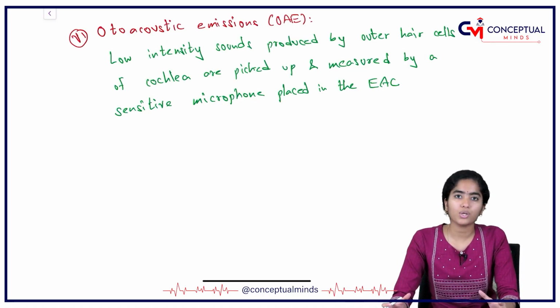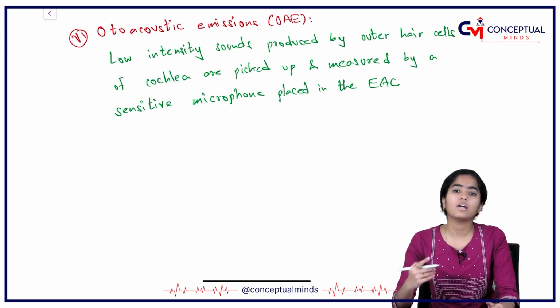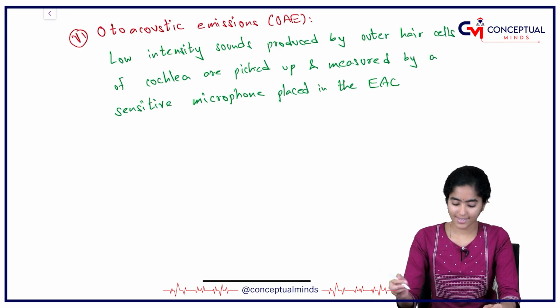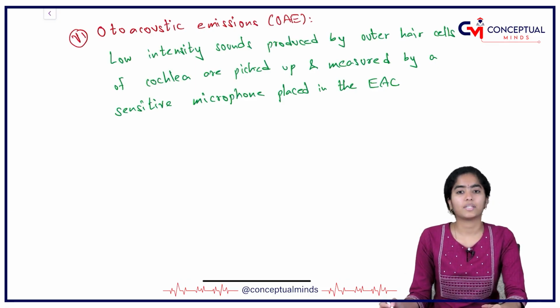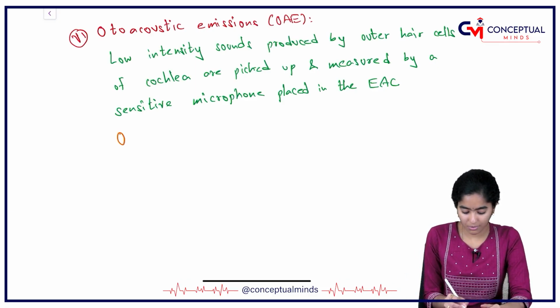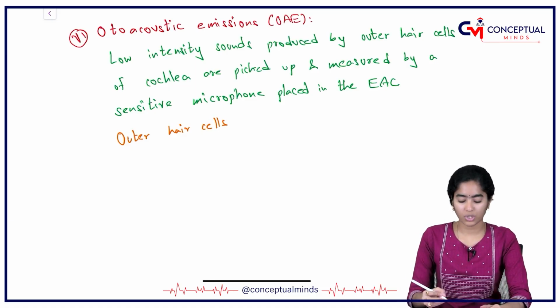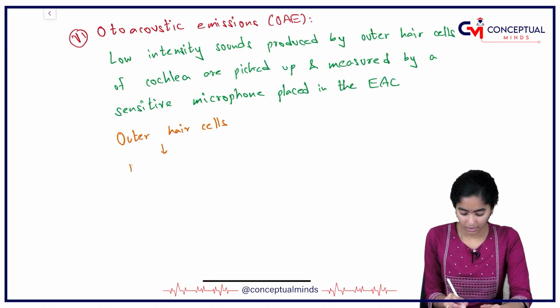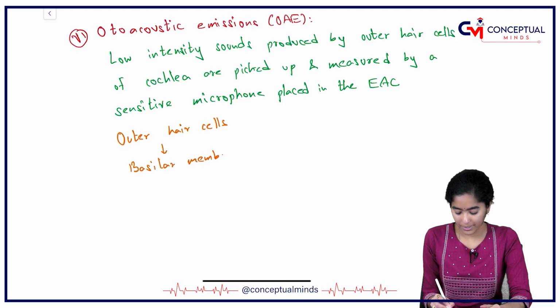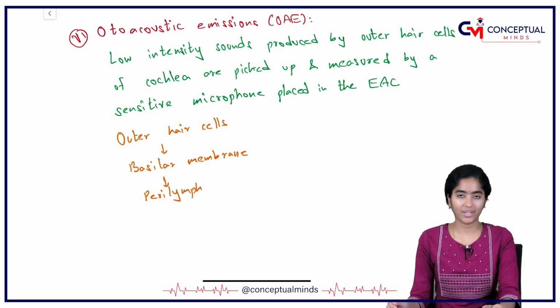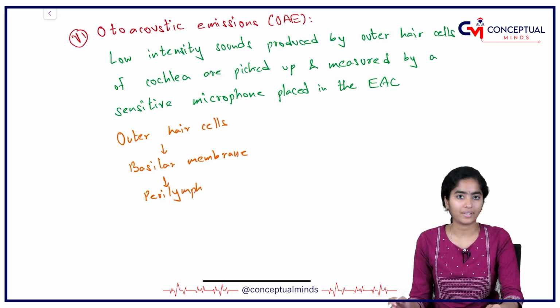So the sound that is produced by the outer hair cells travels in reverse direction. That is, first let us see the pathway. First it begins from the outer hair cells, and then where does it go? Into the basilar membrane. From the basilar membrane into the perilymph. Perilymph is the fluid that is flowing in the scala vestibuli and scala tympani.